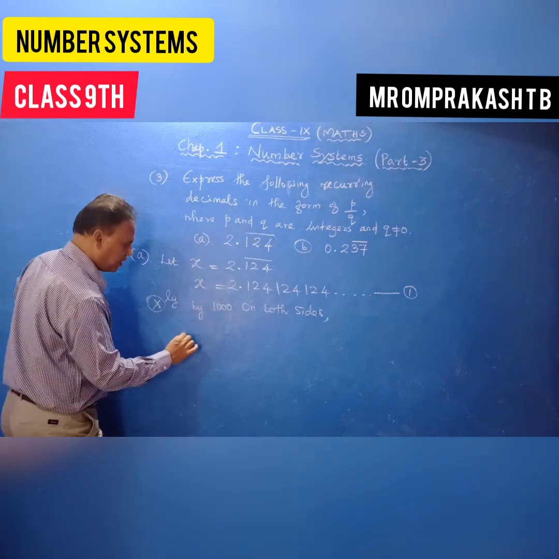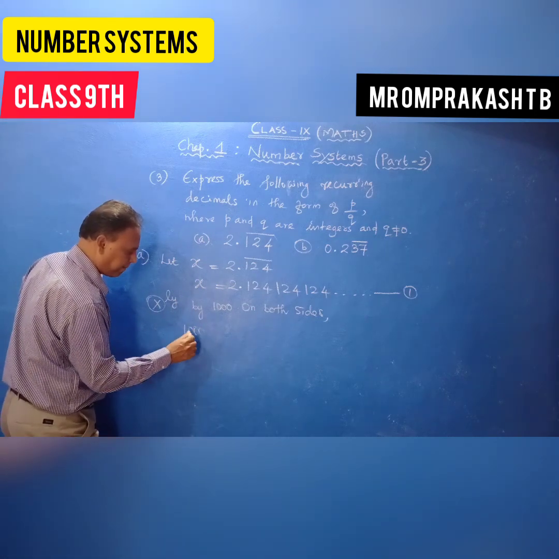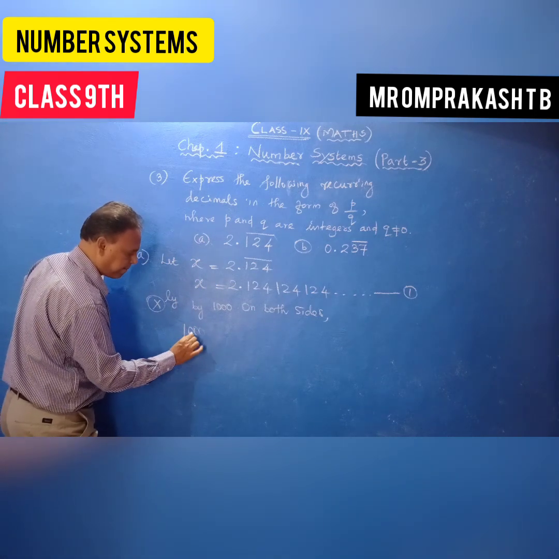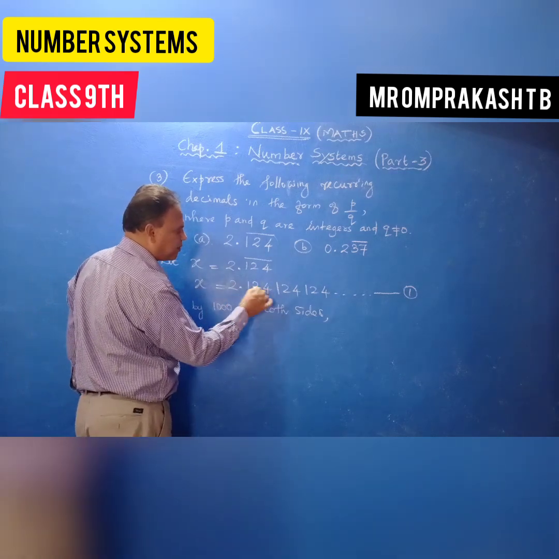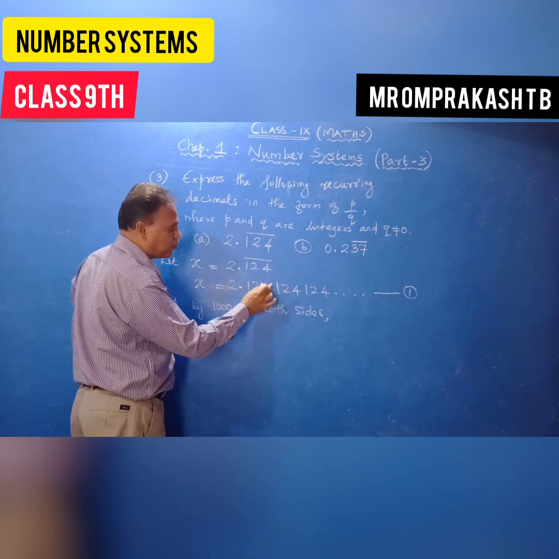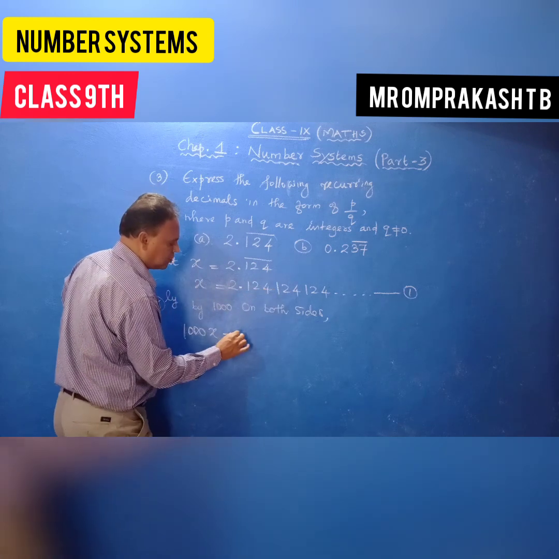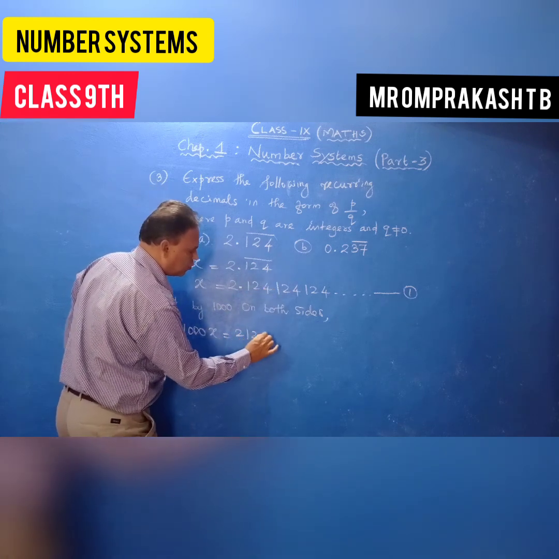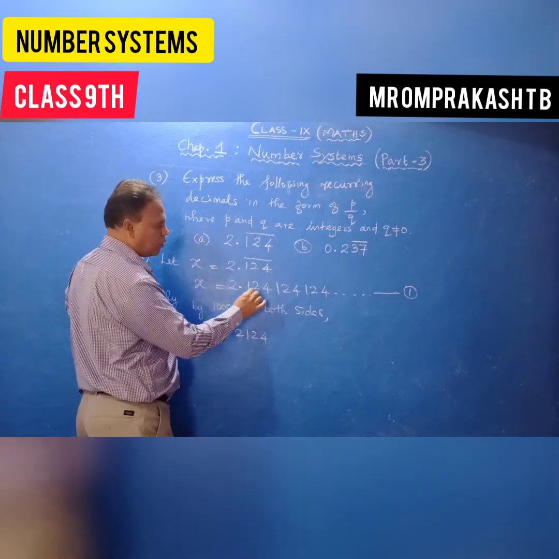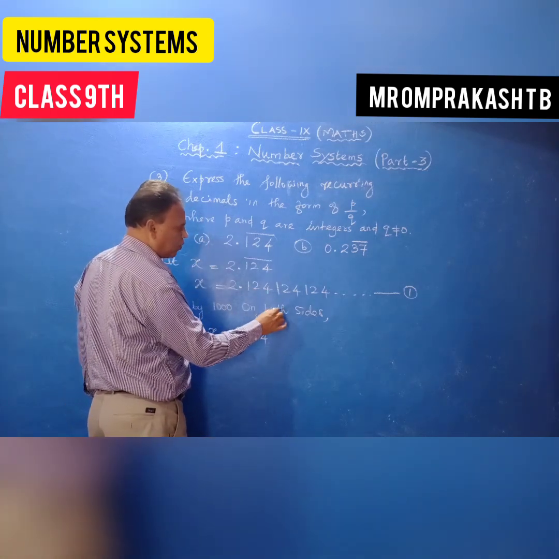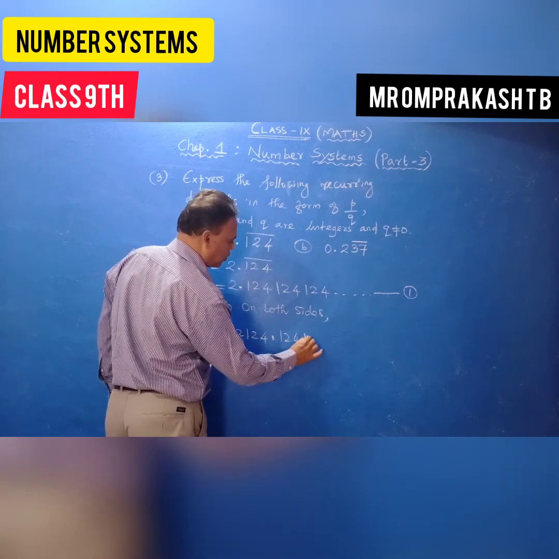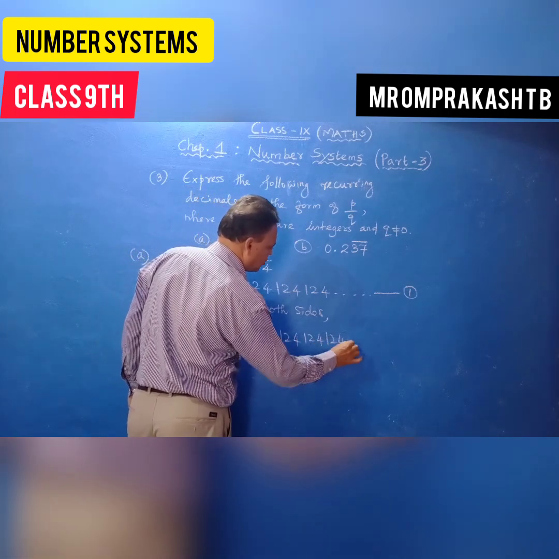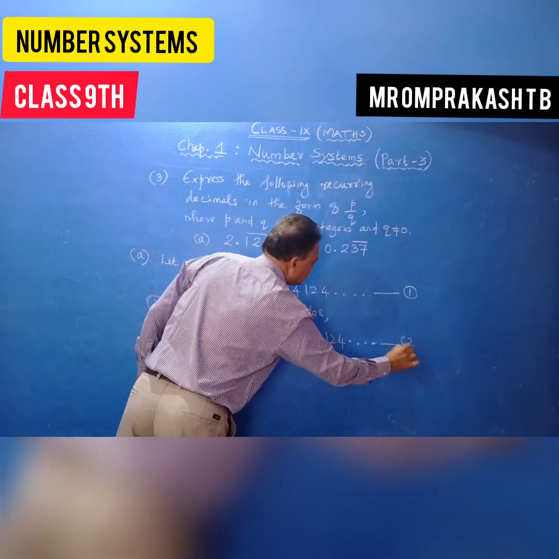We get 1000x is equal to, here 1000 multiply means this decimal you should bring here. 2124.124124 like this going on. This is equation number 2.